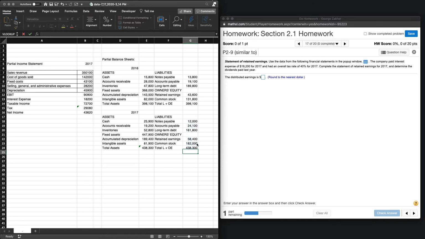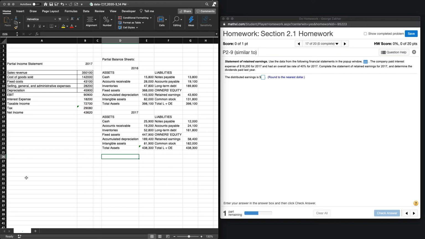Now that we've completed both the income statement and the balance sheet, we just need a few equations and we can go ahead and figure out our statement of retained earnings. The first part is to figure out the distributed earnings, which are otherwise known as our dividends. Before we figure out distributed earnings, we need to figure out the change in retained earnings.